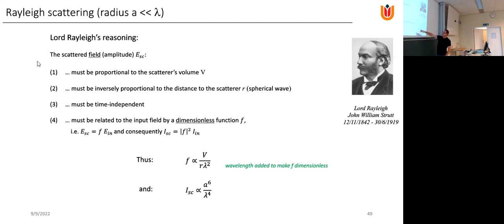And then if we square it for the intensity, that means that the scattered intensity is now going to be proportional to the volume squared, which means to the radius to the 6th power, and squaring this one, to the wavelength to the power of minus 4, and also to the distance squared, of course.